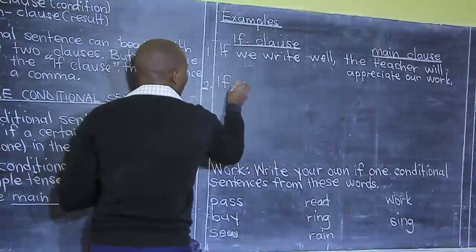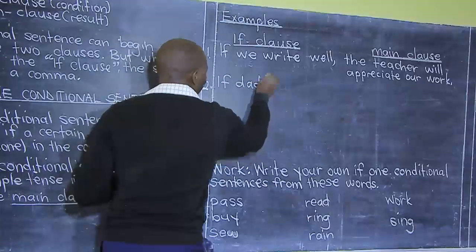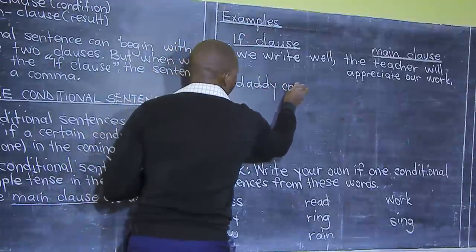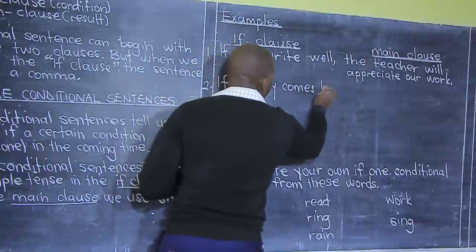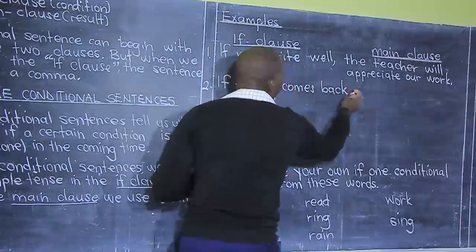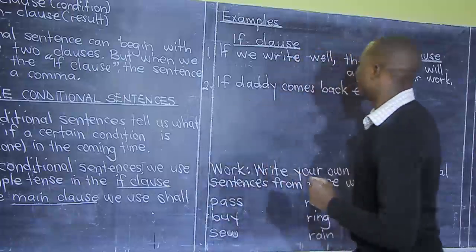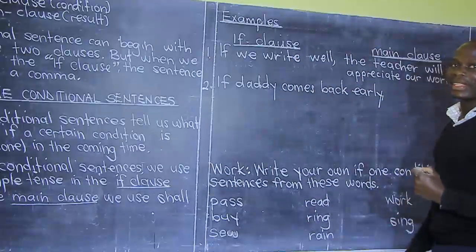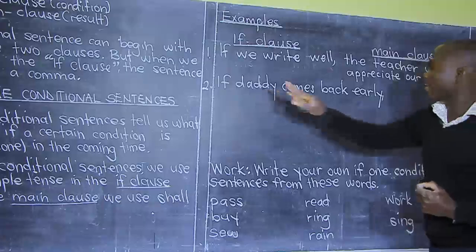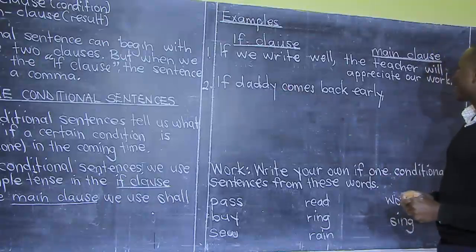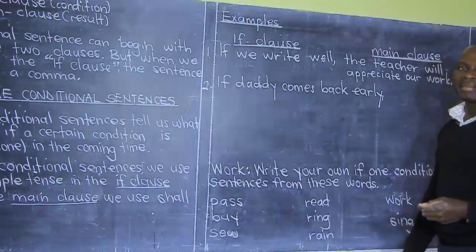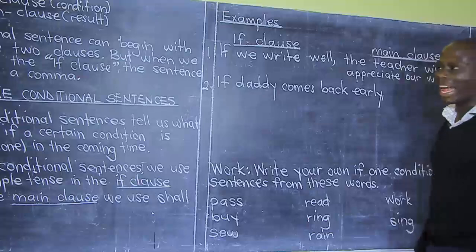If daddy comes back early, I put my comma there since I've started with the if. If daddy comes back early, now I'm putting the main clause. What will be the outcome?